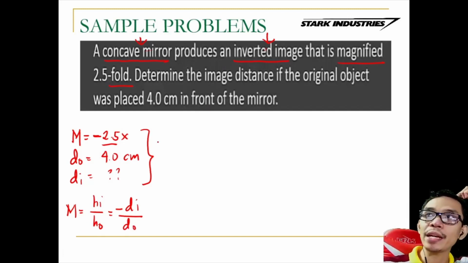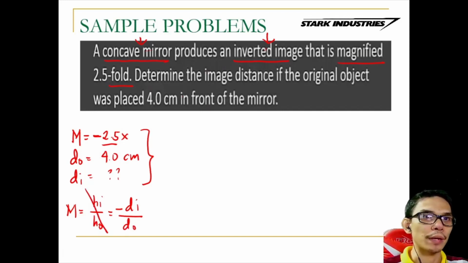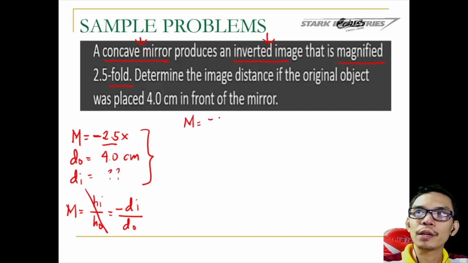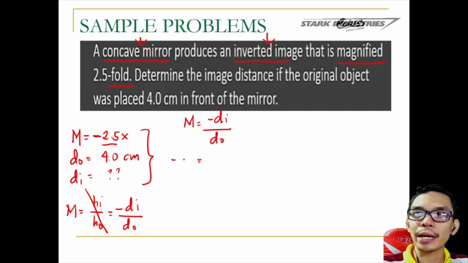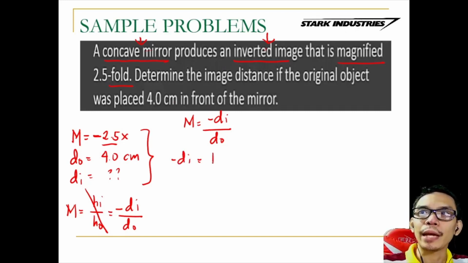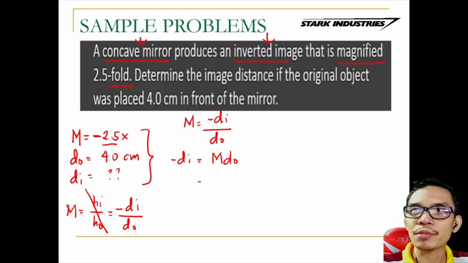Since we don't have any height here, we can cancel this and use m equals negative d sub I over d sub O. Let's rearrange the formula: to get d sub I, negative d sub I equals m d sub O. Let's substitute the values.